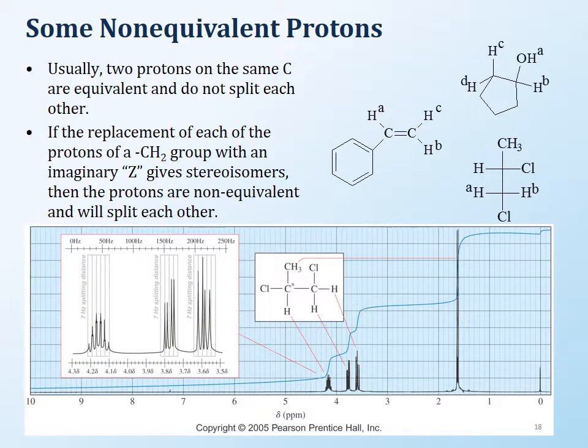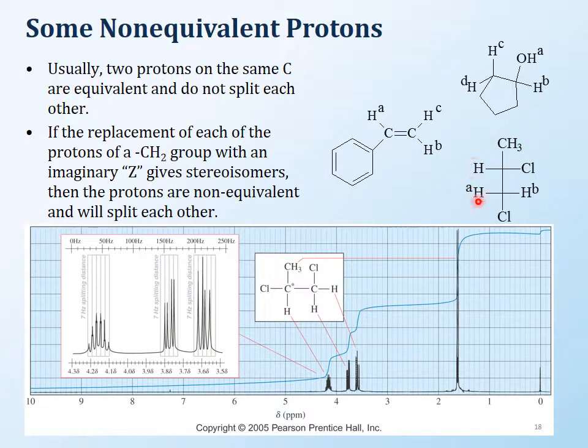Now let's go on just a little bit about some of the non-equivalent protons, which means, where do you see this kind of complex splitting going on? The non-equivalent protons will come from something like styrene, as we just saw, where you have restriction of rotation, or you can have it in cyclic compounds also, because in cyclic compounds you have restriction of rotation.